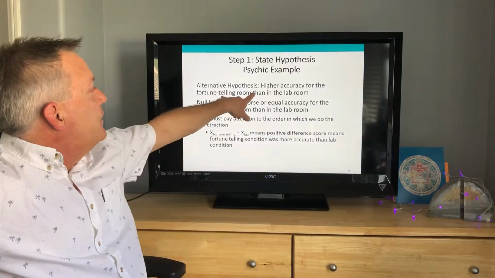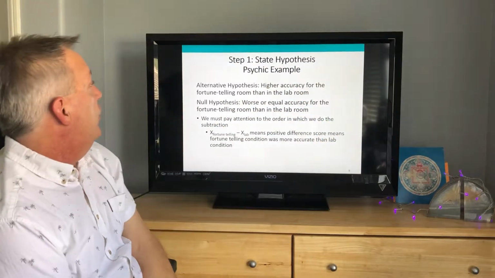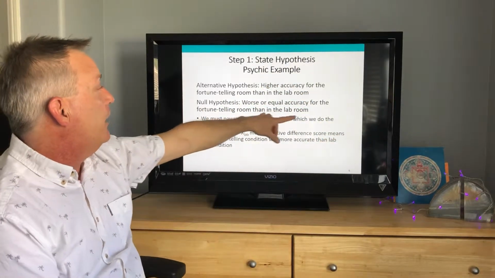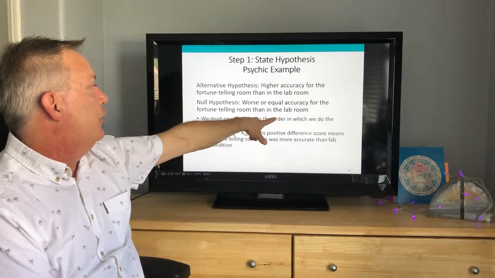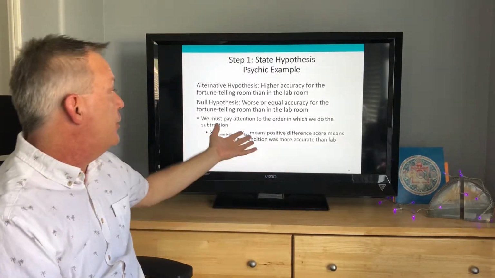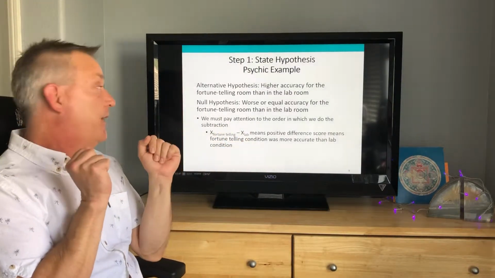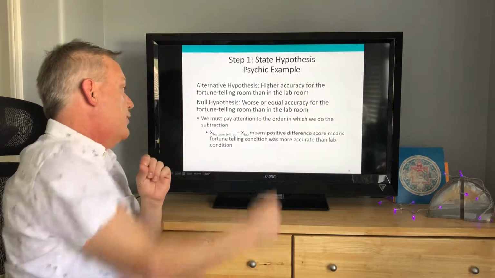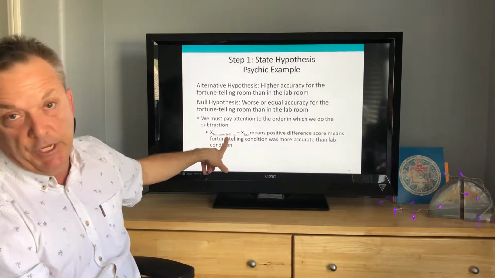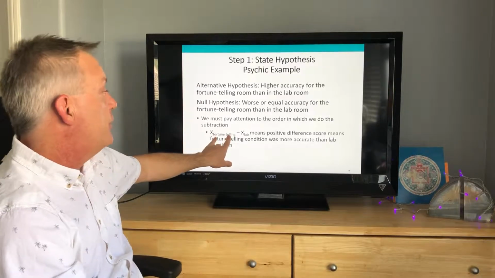So alternative hypothesis: higher accuracy for the fortune-telling room than in the lab room. Null hypothesis: worse or equal accuracy for the fortune-telling room than in the lab room. Of course, the book talks about how we must pay attention to the order in which we do the subtraction. If you're predicting a positive difference score, then you want to put the fortune-telling scores first.